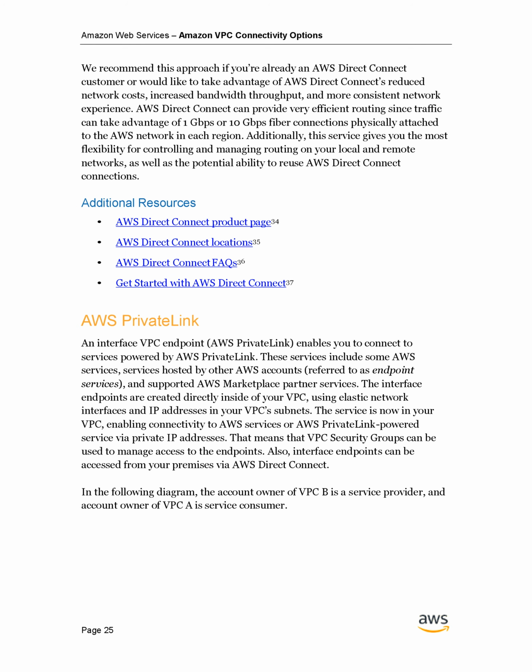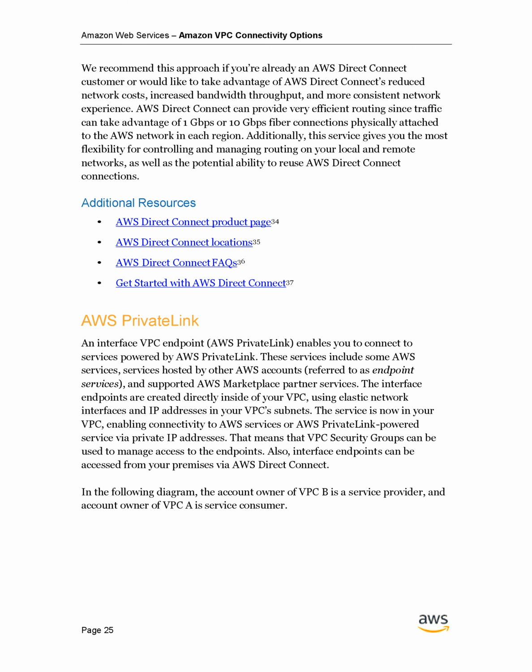AWS Direct Connect can provide very efficient routing since traffic can take advantage of 1 gigabit per second or 10 gigabits per second fiber connections physically attached to the AWS network in each region. Additionally, this service gives you the most flexibility for controlling and managing routing on your local and remote networks, as well as the potential ability to reuse AWS Direct Connect connections.